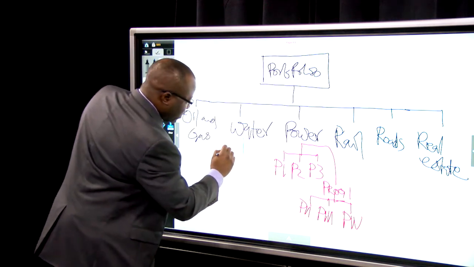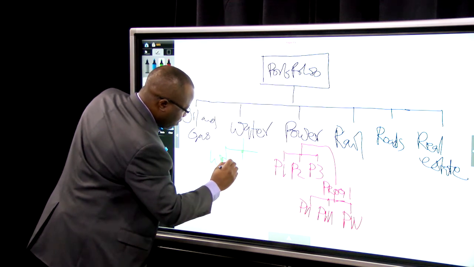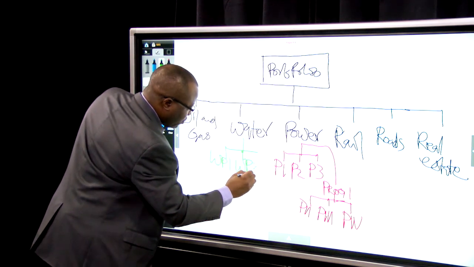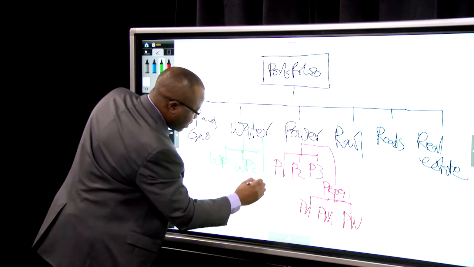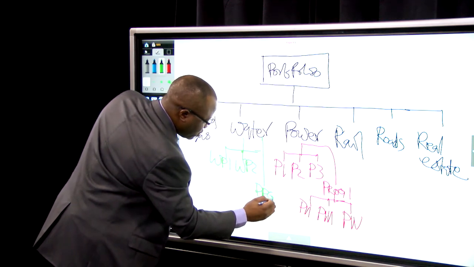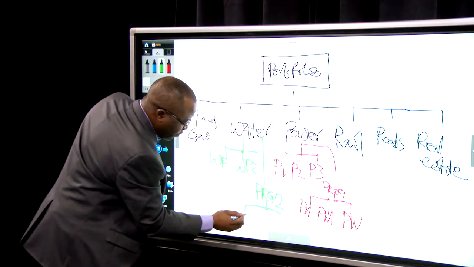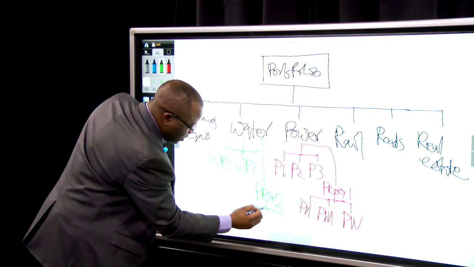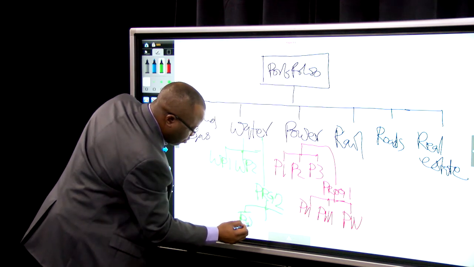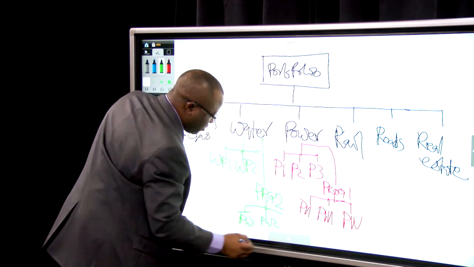We could say we've got Water Project 1, Water Project 2, and under water we've got a Program 2. And under that Program 2, you've got other projects, PW1 and PW2, for example.